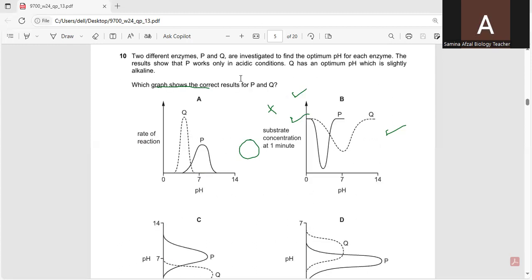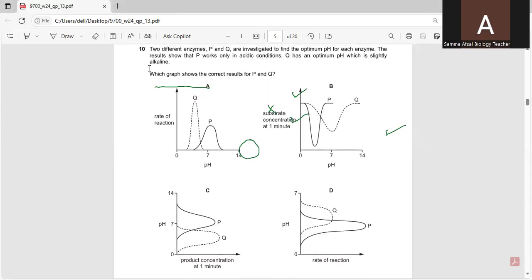Next, question number 10. Two different enzymes, P and Q, are investigated to find out the optimum pH for each enzyme. The results show that P works only in acidic conditions.